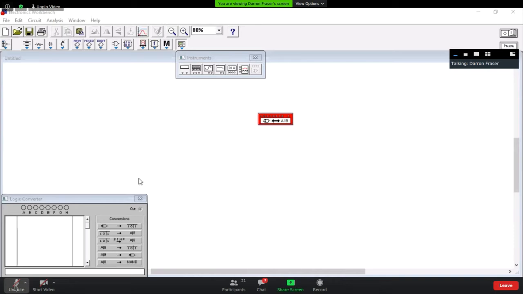So when you double click on the logic converter, this is what comes up. This screen that I'm highlighting here. We need 2 inputs to the screen.